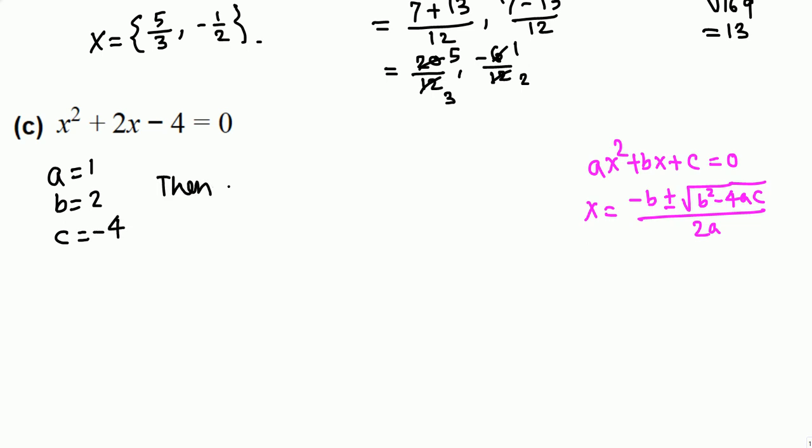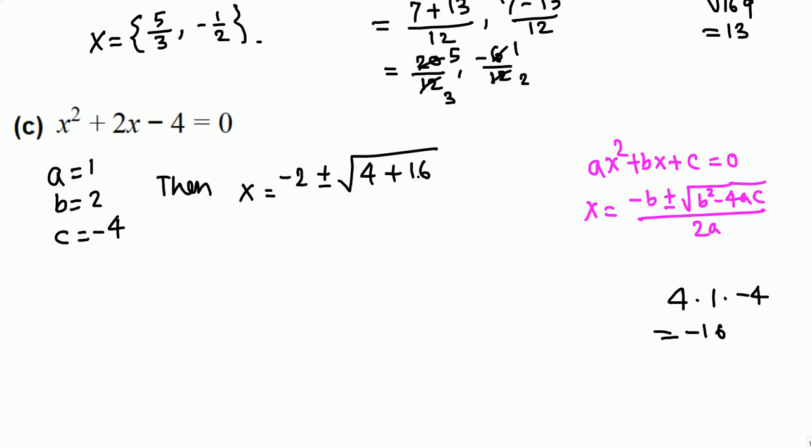Then using the quadratic formula, x equals negative b, so negative 2, plus or minus root of b squared. b is 2, squared, that's 4, minus 4 times 1 times negative 4. 4 times a is 1 times c is negative 4, so that's negative 16, minus negative 16, so plus 16, over 2a, 2 times 1, which is 2.